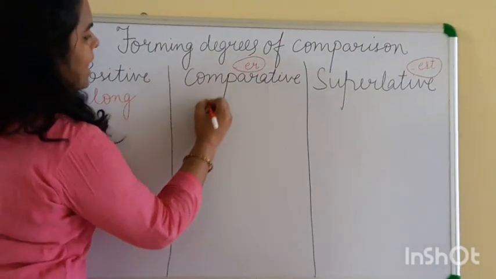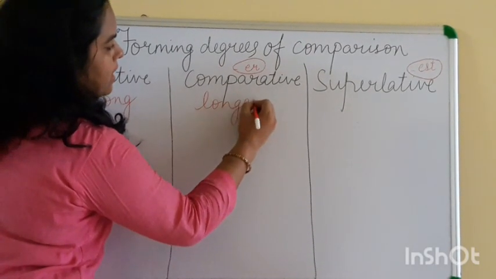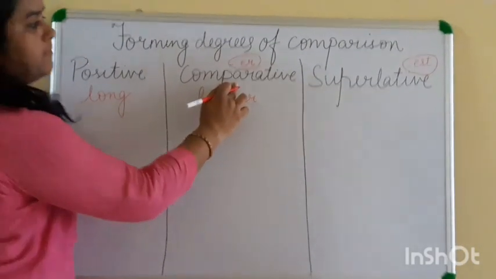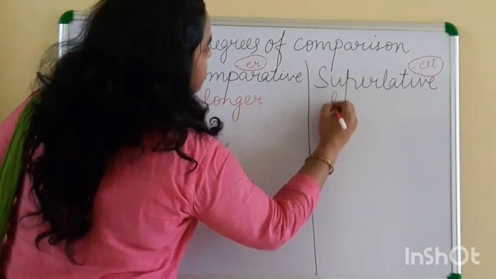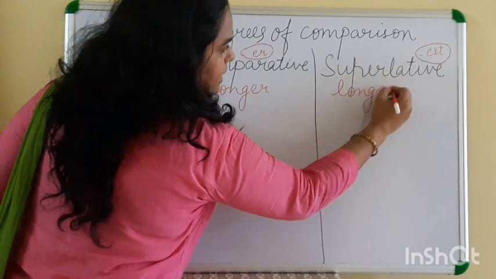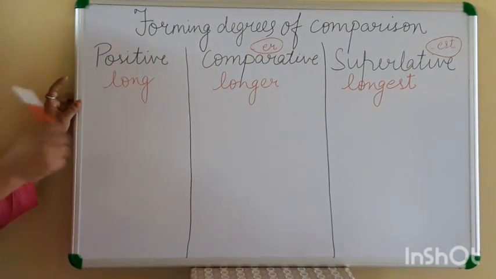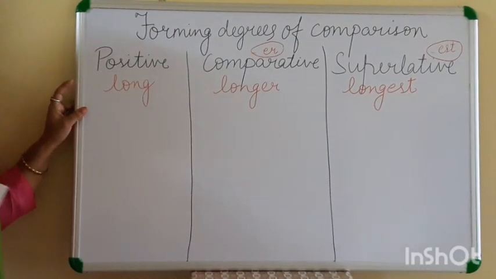You will write long and just add ER to the positive form to make the comparative form. And for the superlative form, you will just add EST to make it superlative. Remember, this is not the case in every positive form of adjective.